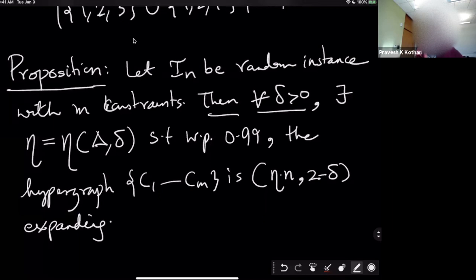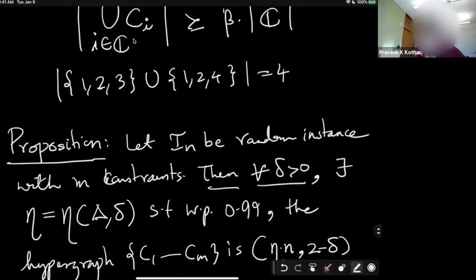It means that if I take any set of constraints, as long as I don't choose more than eta n constraints, and I take the union of the variables appearing in those constraints, then on average each hyperedge, each constraint, contributes almost 2 unique variables. Let's focus on the case of k equals 3 here, just so that I don't have extra notation.